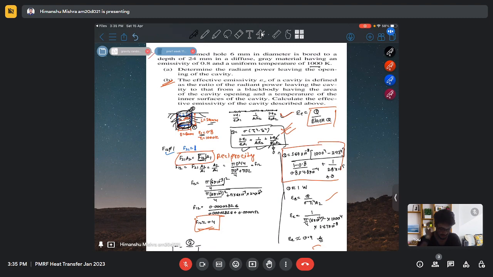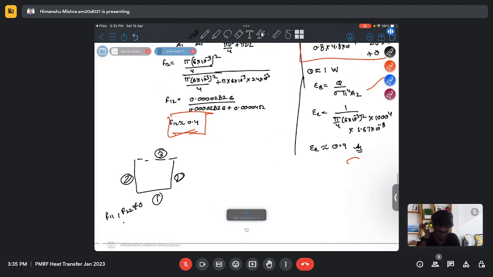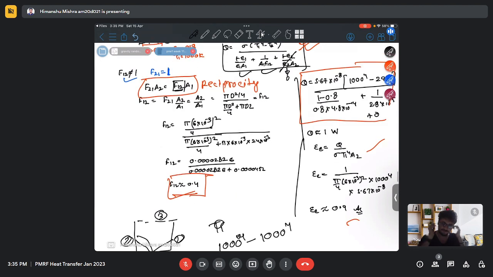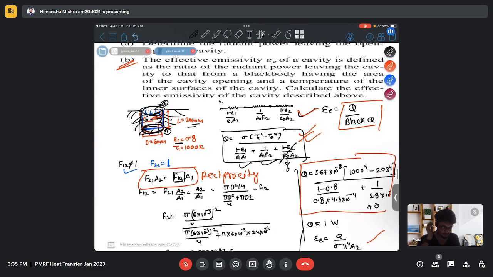Now the problem is, if you do it this way, there will be no heat transfer from 1 to 2 or 2 to 1, because they are at the same temperature. So basically you are doing 1000 Kelvin to the power 4 minus 1000 Kelvin to the power 4, and the heat transfer will be 0 here. The only thing is that the resistance will be modified.